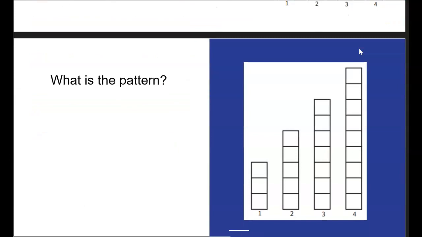So first thing we should look at is, what is the pattern? So you can see here, this is going up 2 each time. So we're identifying the pattern in the picture here. This is going up 2 blocks. This is going up 2 blocks. So we would expect it to continue to go up 2 blocks every day afterward.